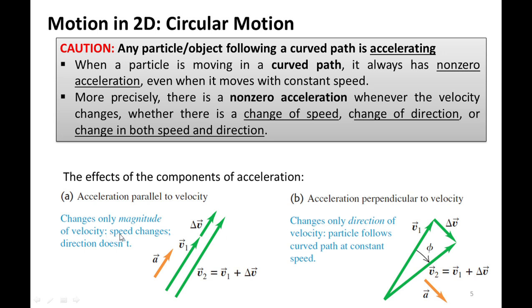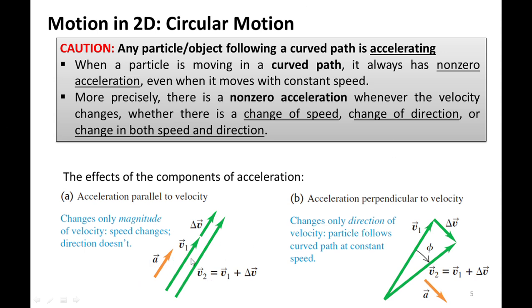In other words, it changes the speed, but does not change the direction, while the acceleration perpendicular to the velocity changes only the direction of the velocity, so the object follows a curved path at constant speed.